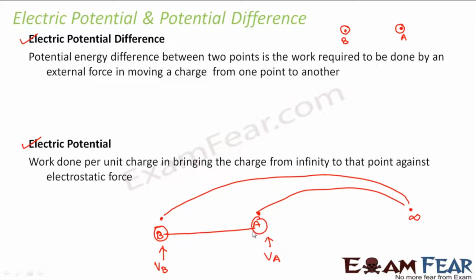It is the work done in bringing the charge particle from A to B. So that becomes VB minus VA, because infinity to B is VB and infinity to A is VA, so VB minus VA is the work done in taking the particle from A to B. Simple, right? So this is how we define electric potential difference and electric potential.